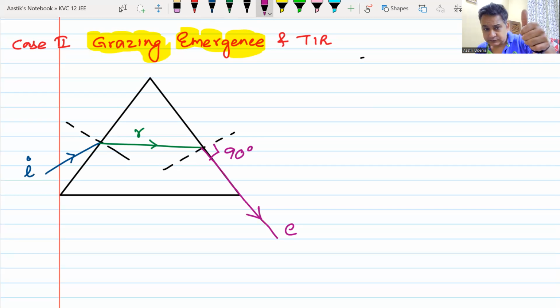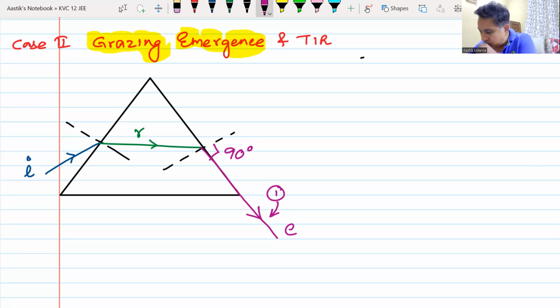Yes, sir. Now, whenever any type of ray is incident on a prism, three things can happen. Case number one is the case where the ray emerges like this. Then there are two more cases possible.